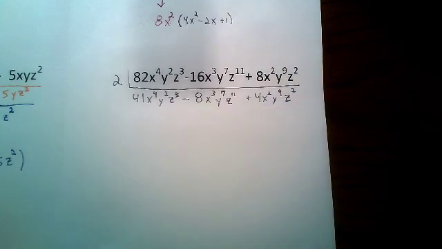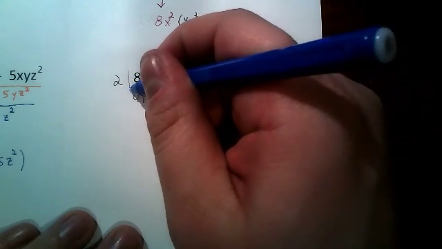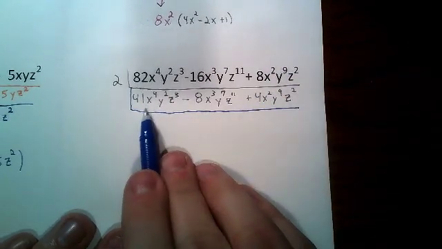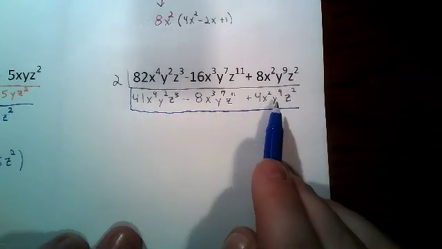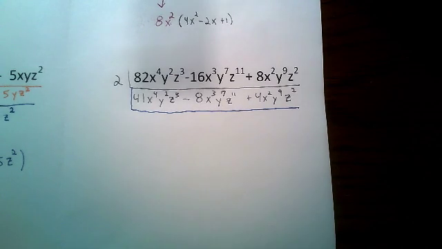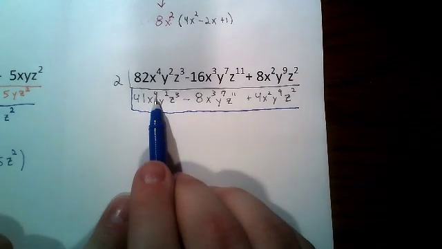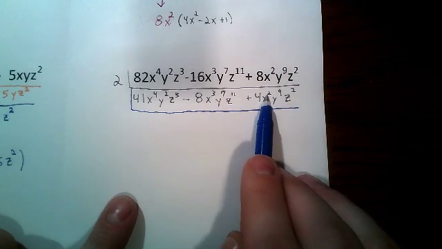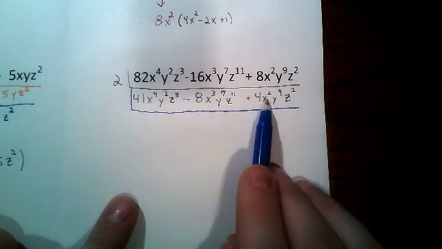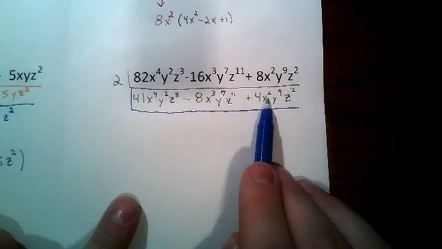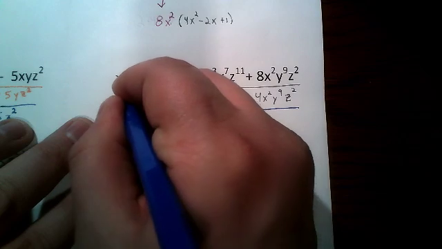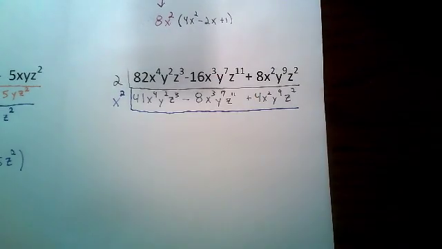Okay. Now, similar to the last problem, let's look for a variable. So they all have an x in common, right? They all have x's. How many can I take out at once? So x to the 4th, x cubed, and x squared. So they at least have an x squared. So I'm going to take out an x squared. So it's kind of like combining that step.